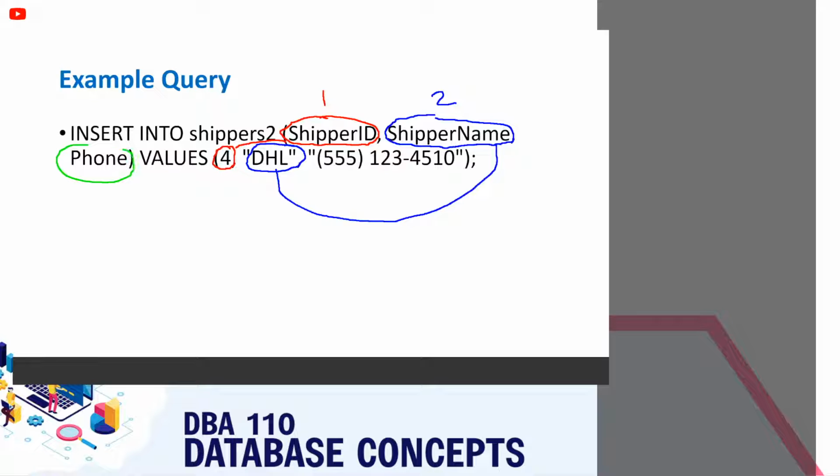And then phone is in the third position here, and the phone number is in the third position here. So they correspond. Whatever's in the first position in the first set of parentheses, that corresponding data value should be in the first position of the second set of parentheses.